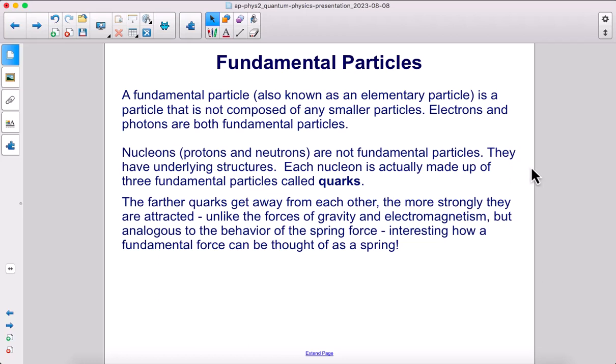Each nucleon is actually made up of 3 fundamental particles called quarks. The farther quarks get away from each other, the more strongly they are attracted, unlike the forces of gravity and electromagnetism, but analogous to the behavior of the spring force. Interesting how a fundamental force can be thought of as a spring.